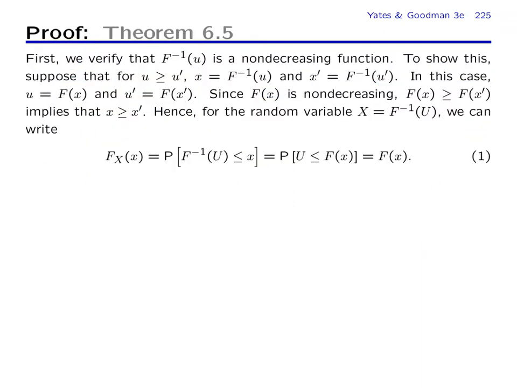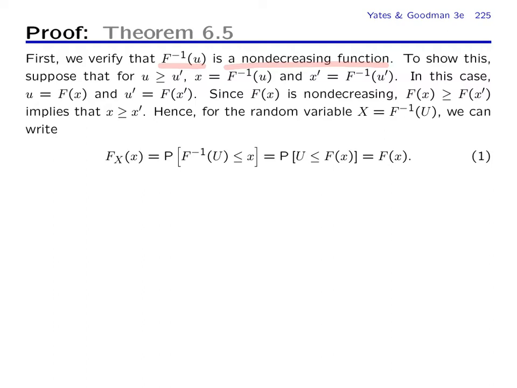So my advice here is that you should use this theorem a few times before you read this proof. When you eventually dig into the proof, you'll see that the key is that this F inverse function is a non-decreasing function, and it's non-decreasing precisely because the CDF of which it's the inverse is also non-decreasing.